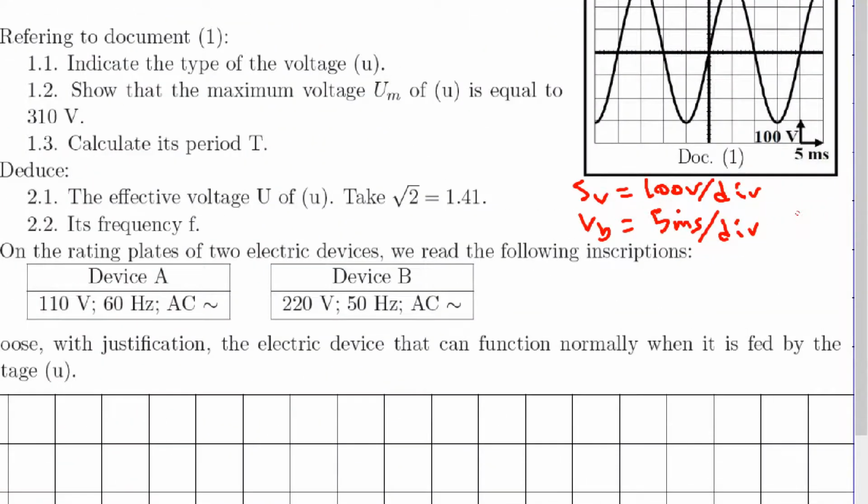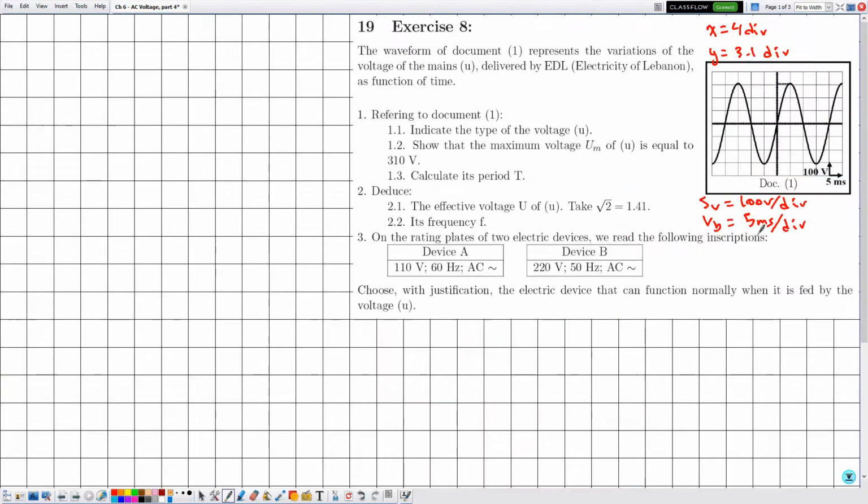However, 5 milliseconds is not the SI unit of time. In order to convert from milliseconds into seconds, we simply divide by 1000. So in this case, this is equal to 0.005 seconds per division. And now we are ready to solve the problem.